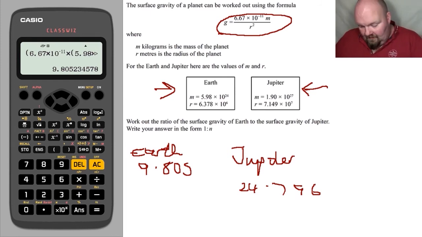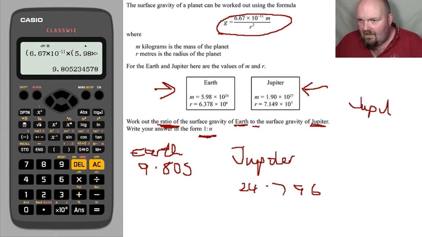You'll see though that the question wants us to work out the ratio of the surface gravities and express it in the form 1 to n. Now, if we're going to do this, you'll see we've got Earth to Jupiter. So Earth comes first, Jupiter second. And because it's 1 to n, I'm simply going to take my Jupiter value and divide it by my Earth value.